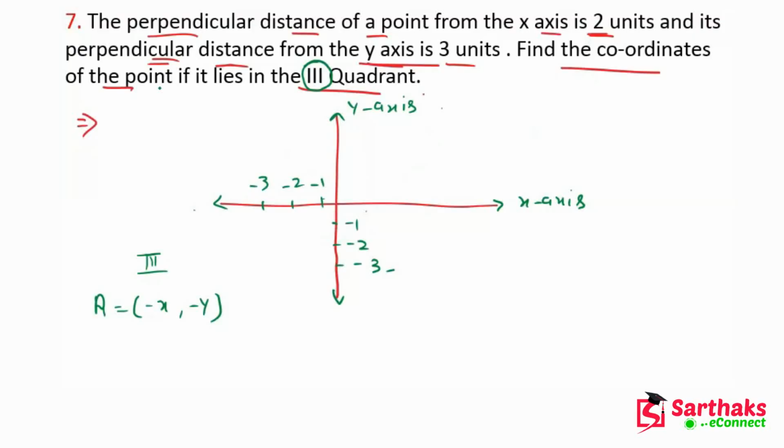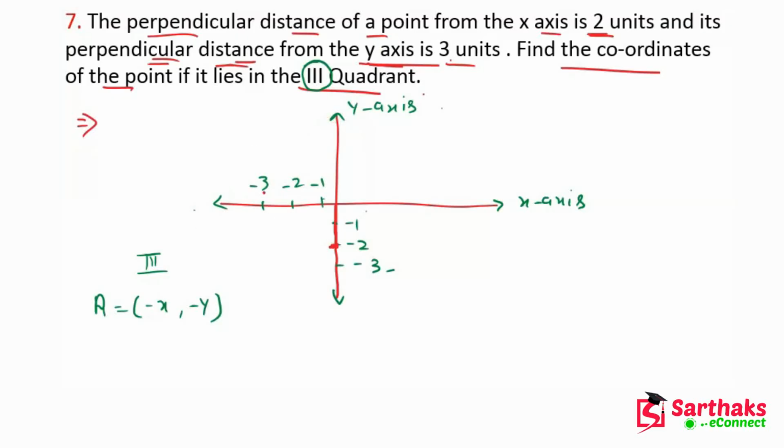So our y coordinate lies on this axis at this point. So this is our y coordinate, -2, and its perpendicular distance from the y-axis is 3 units. It is saying that the perpendicular distance from the point A to the y-axis is the x coordinate.